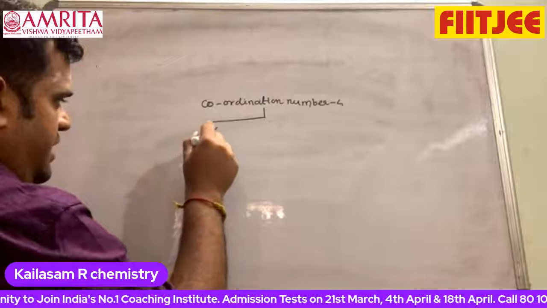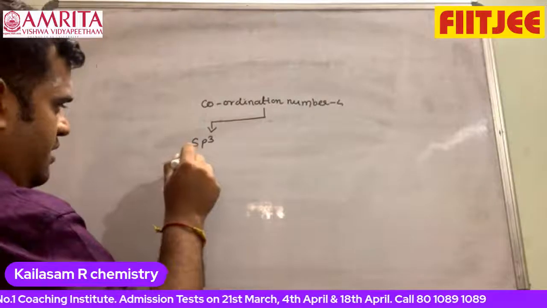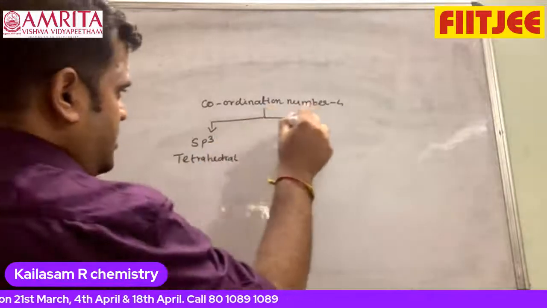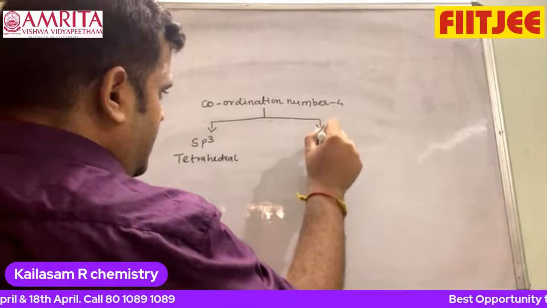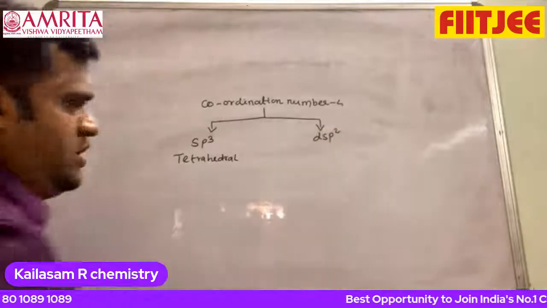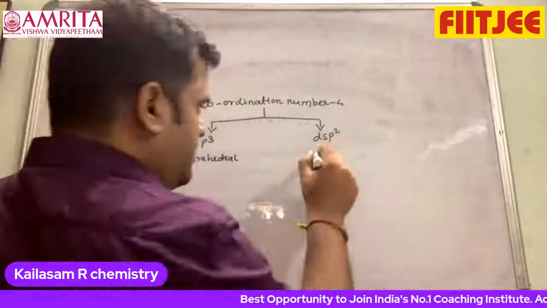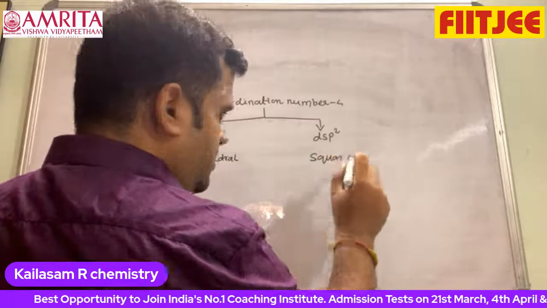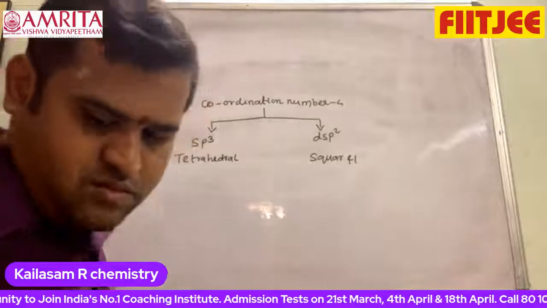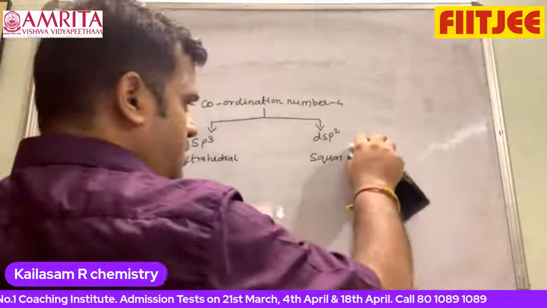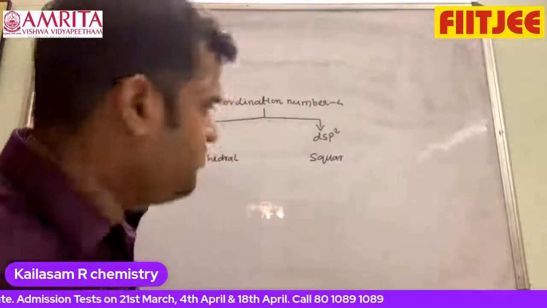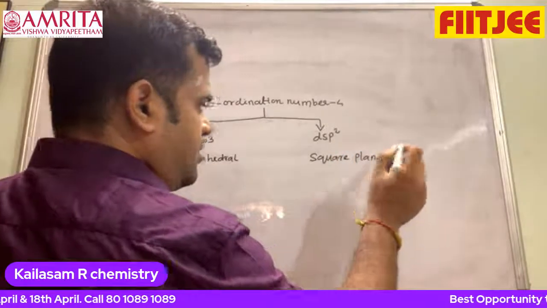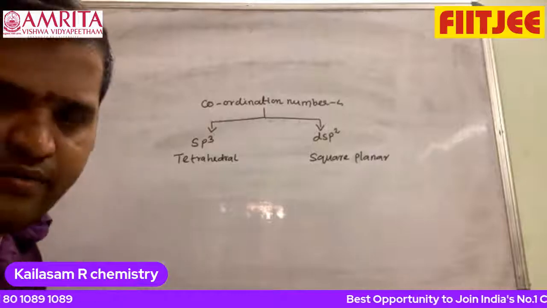One is sp3 tetrahedral. Another one is called dsp2 square planar. Square planar. Fine.